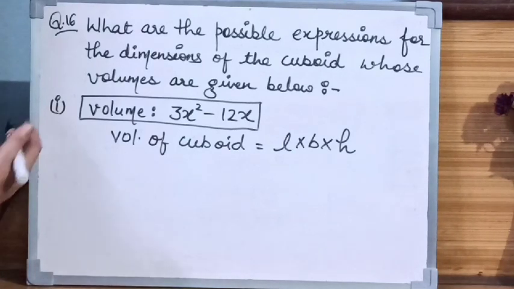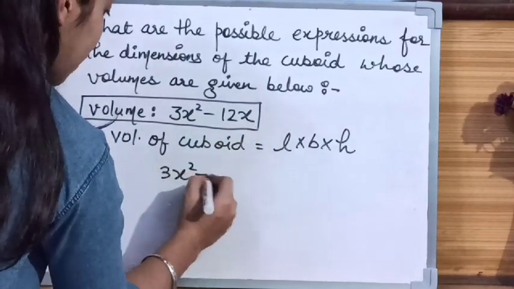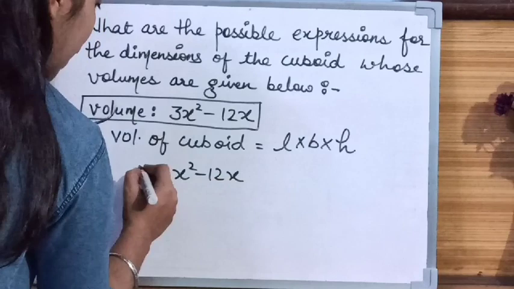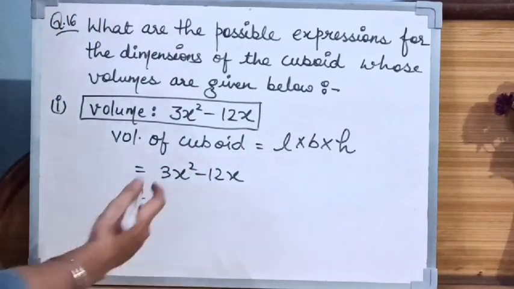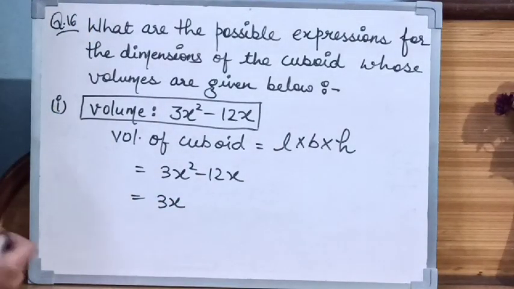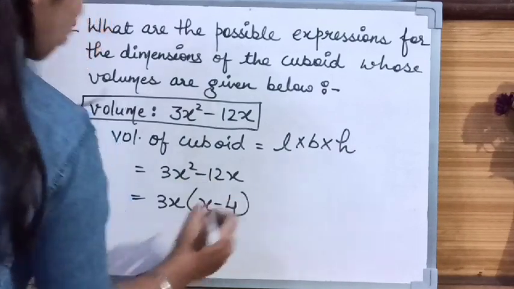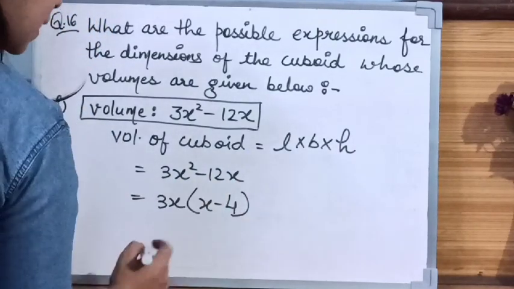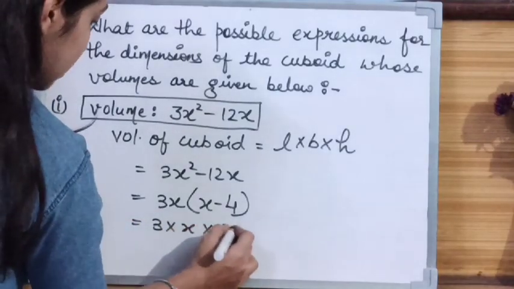So we are just going to write 3x square minus 12x, and when we factorize it, students, you know that the common factor in 3x square and 12x is 3x. So I am going to put 3x common, and the remaining terms are x and 4. Students, you can factorize this again, so it becomes 3 into x minus 4.